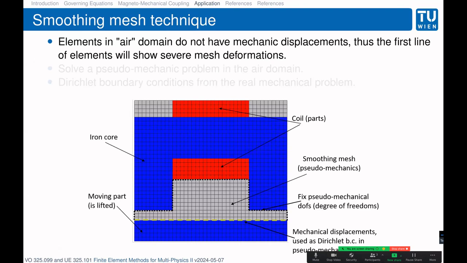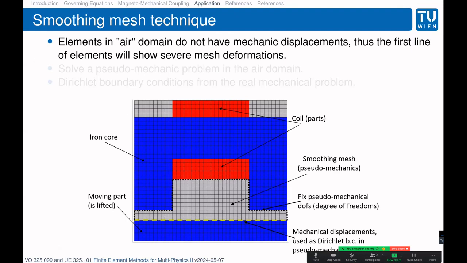Just to highlight this a little bit, there's one slide. So typically, when we have this lift magnet example, we have mechanic deformations, for example, in the lifted workpiece. So at this interface, we know mechanical deformations. So here we can update the geometry straightforwardly by using the displacements we compute.